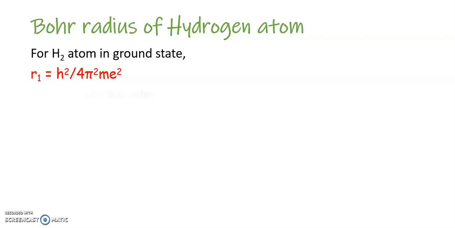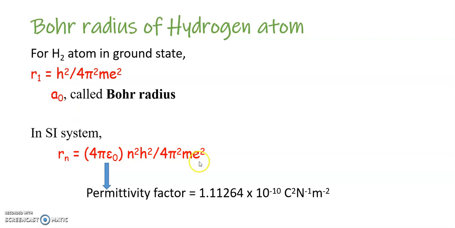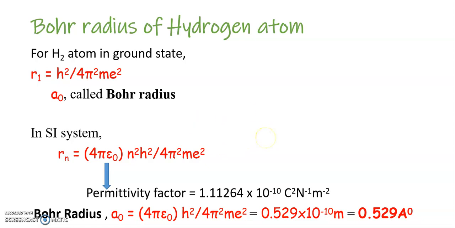Hence R1 equal to, which is known as the Bohr radius. In the SI system, we apply the permittivity factor, and the equation becomes like this. And by knowing the mass and charge of the electron, we get the Bohr radius as 0.529 angstrom.